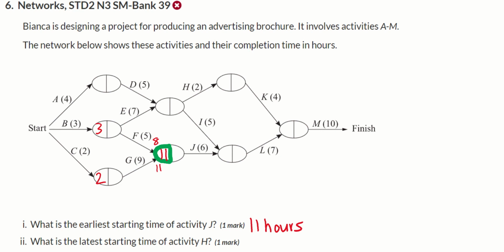So let's see. This will give me 4 plus 5 gives me 9. 3 plus 7 gives me 10. Take the biggest number. Then I have 10 plus 2 gives me 12. 10 plus 5, 15. There's 2 coming in here, so I write it as an option. 11 plus 6 gives me 17. Bigger number. 17 plus 7 gives me 24.